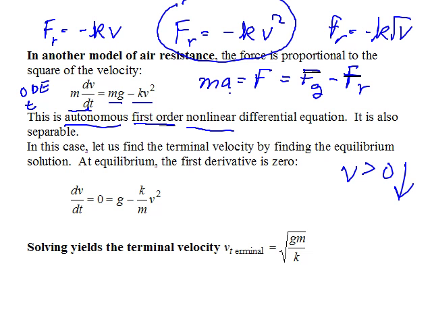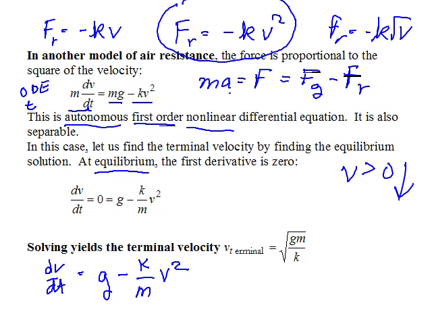We want the equilibrium solution because that will be our terminal velocity. For the equilibrium solution, the first derivative is 0. So here's our equation. I'll write it right down here. dv/dt equals, and I can divide through by mass, g minus that constant for the resistive force times v squared.